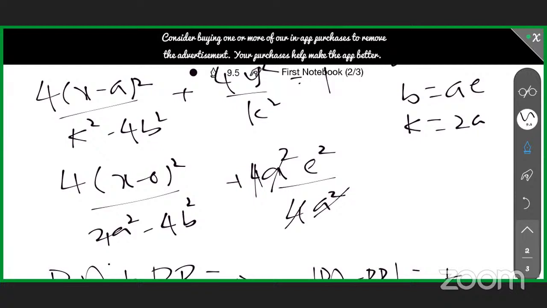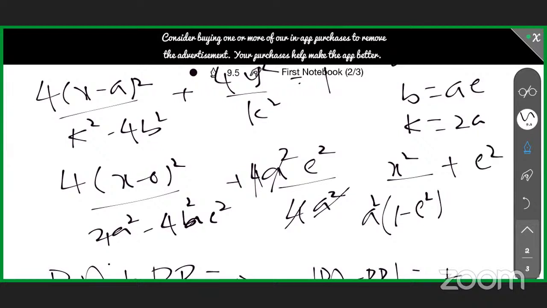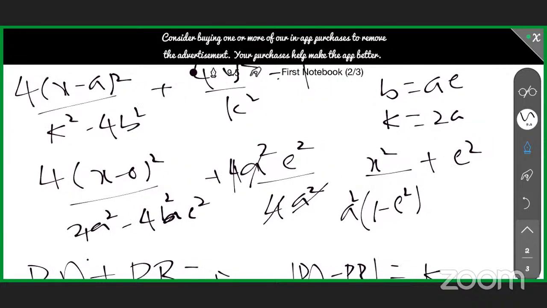What is left out is x square by a square into (1 minus e square), plus y square by a square e square is equal to 1.